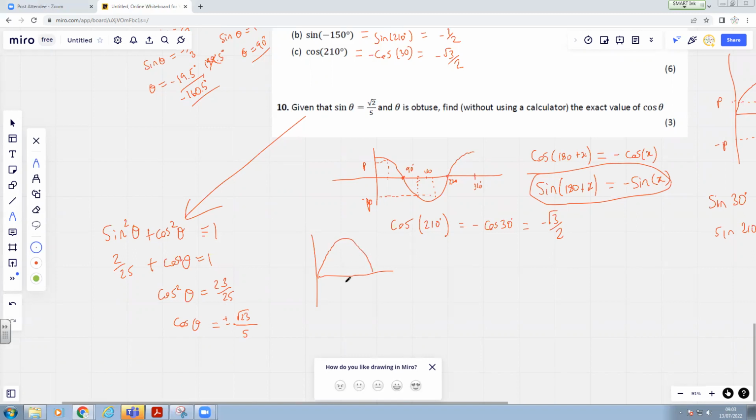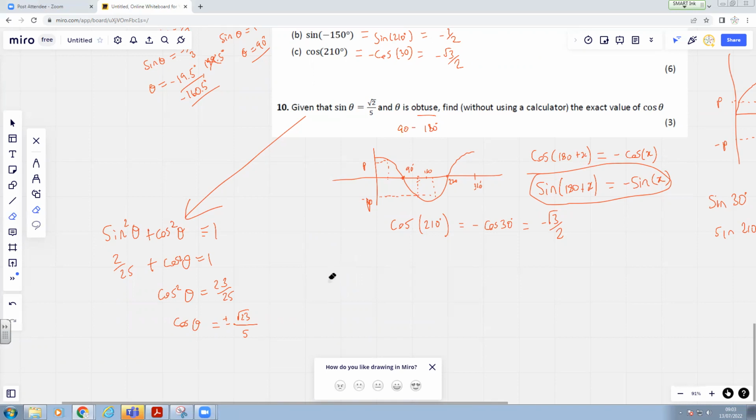Now, if theta is obtuse, and I'll join the sine curve here, just to show you, when theta is acute or obtuse, you get the same values of sine anyway, just symmetrical around 90. So obtuse means it's from 90 to 180. Now, the problem is that cos theta is negative, so it's the cos theta graph I really should be drawing to not confuse you.